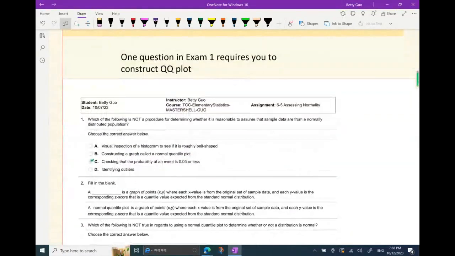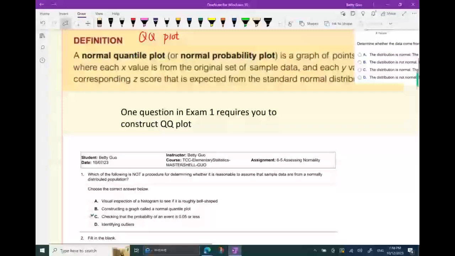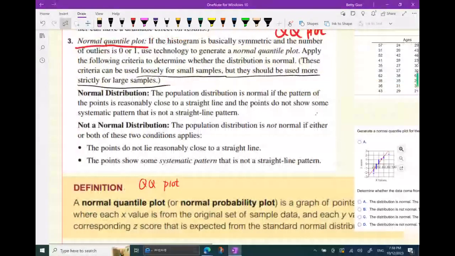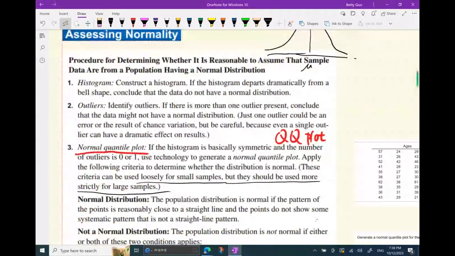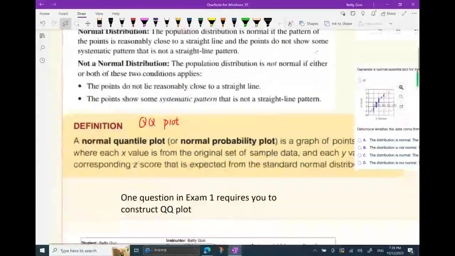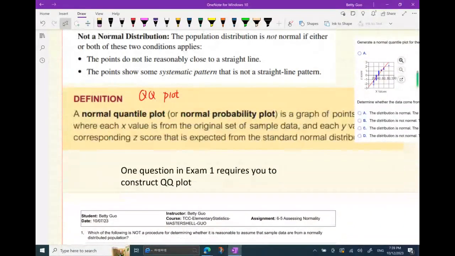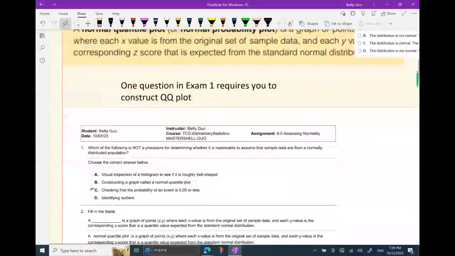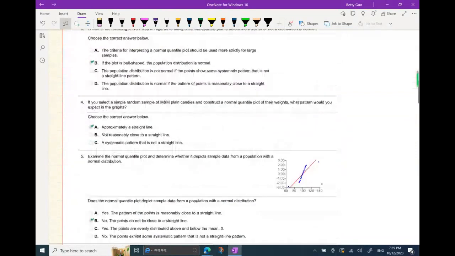The homework questions are pretty straightforward. Mainly, those questions are about the three steps in the procedure of assessing normality. In your homework, you are not required to construct the QQ plot on your own. I looked at all the homeworks.